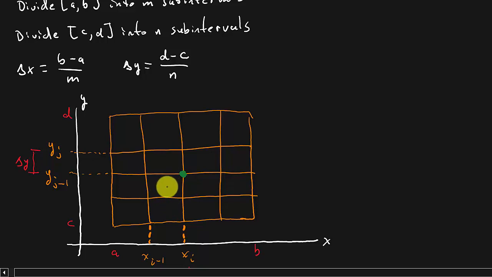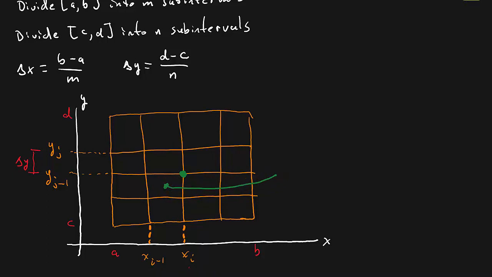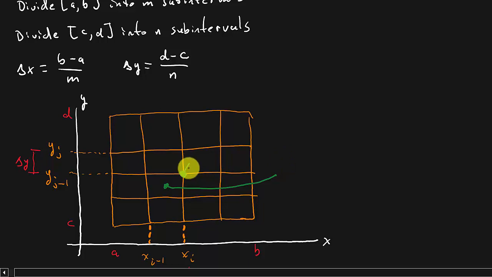And then we got a point here. We could label this x sub i, y sub j. We have some sample point in here too. So that's x sub i star, y sub j star, and this would be a rectangle.